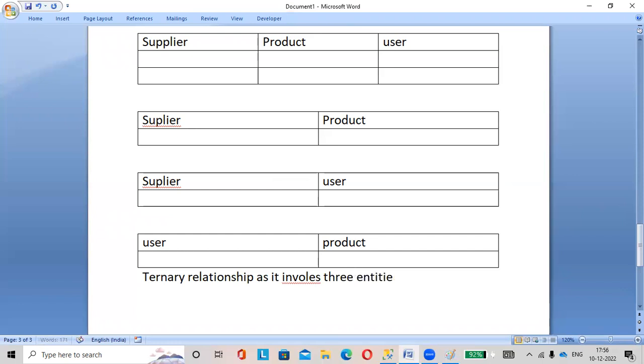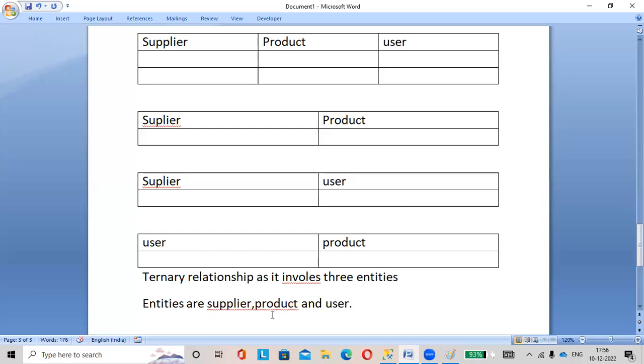The entities are supplier, product, and user.